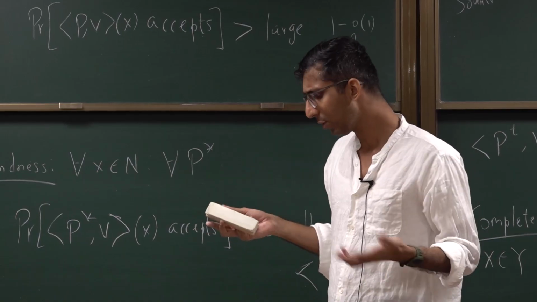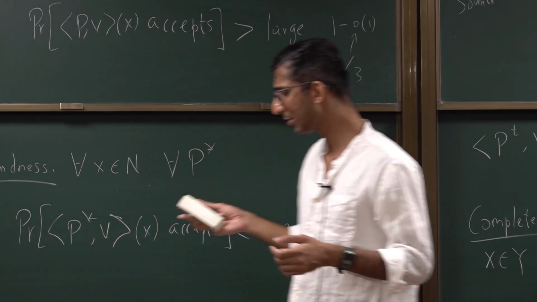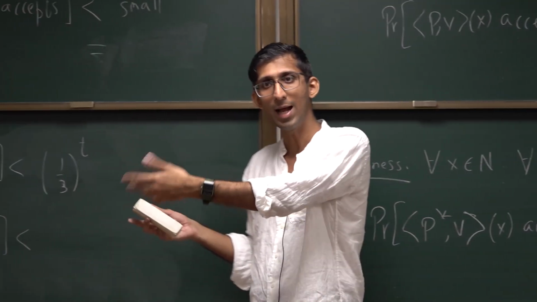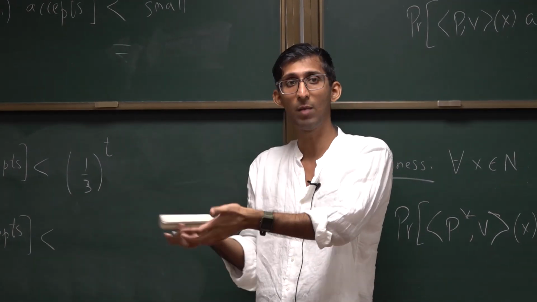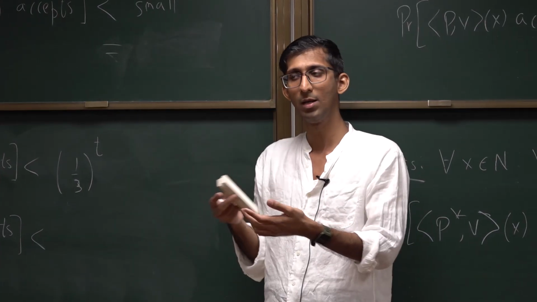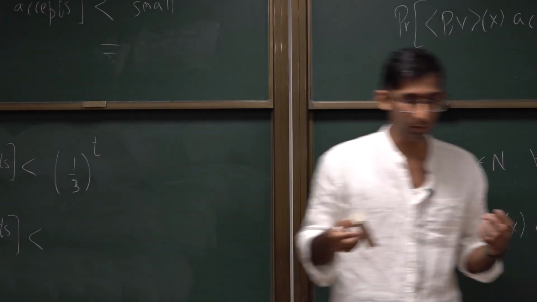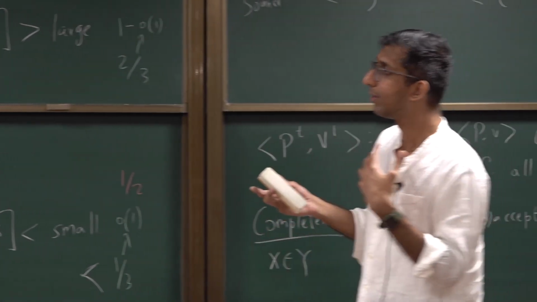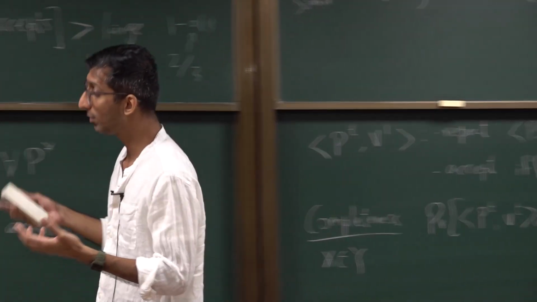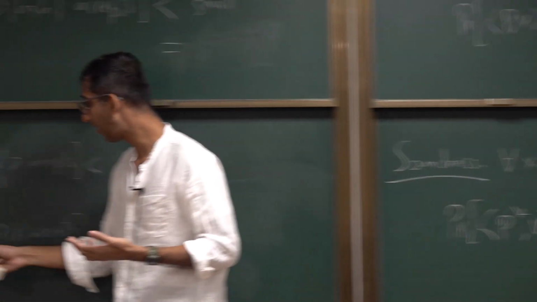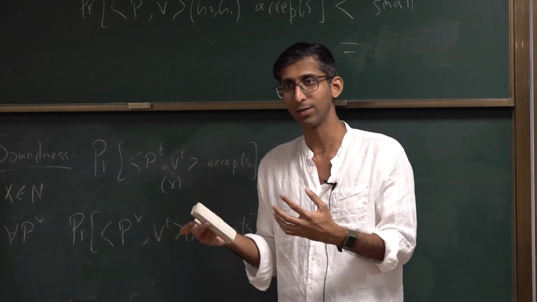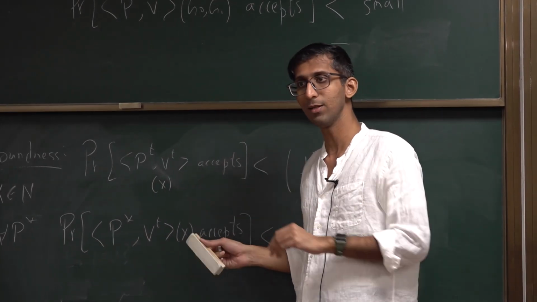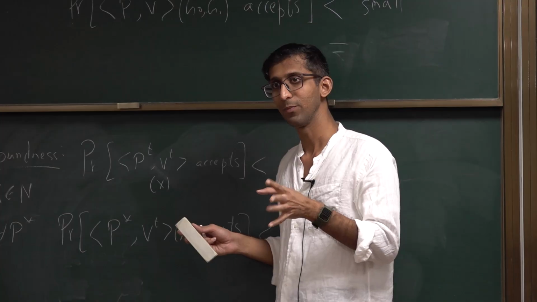This P star may be acting in some arbitrarily correlated manner across the iterations. But what if I can construct a different prover such that the probability that you accept when interacting with this new prover is at least as much as this, greater than or equal to this, but it does act independently?